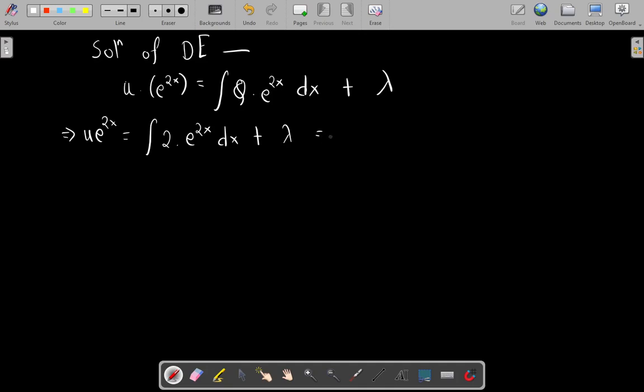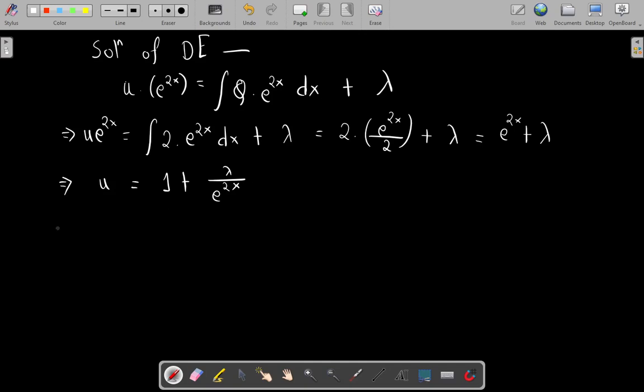After solving the integration on the right-hand side, we get 2 times e raised to the power 2x by 2, since the integral of e to the power 2x is e to the power 2x by 2, plus lambda. The 2 and 2 get cancelled, and on the right-hand side we are left with e raised to the power 2x plus lambda. If we divide both sides by e raised to the power 2x, we get u equal to 1 plus lambda upon e raised to the power 2x.